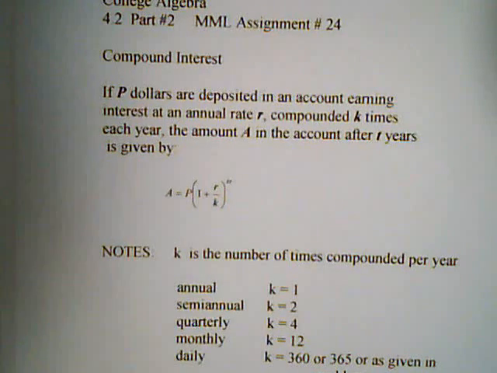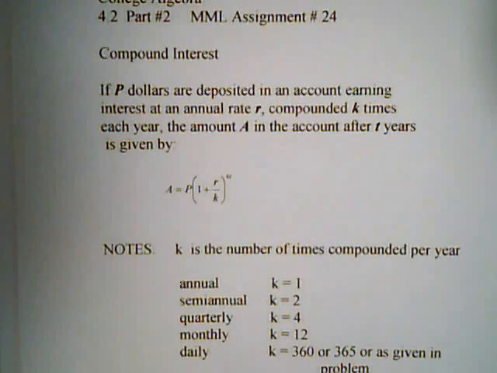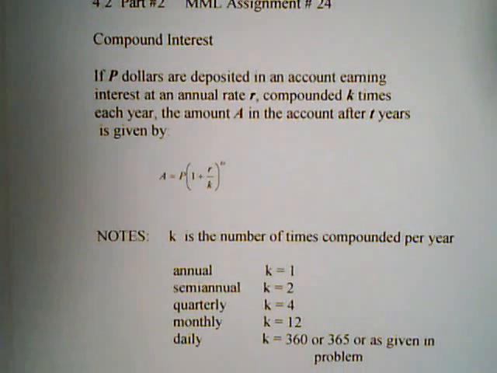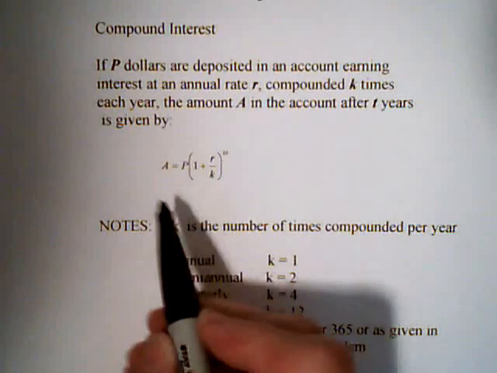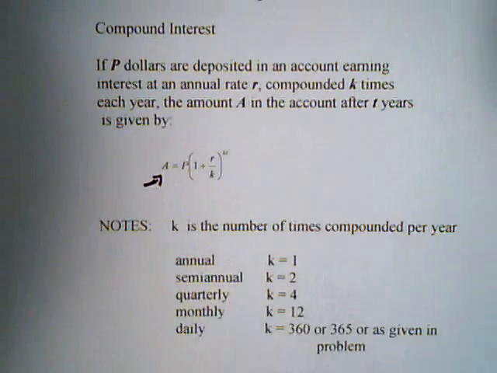Let's take a look at the variables and the formula that we will be using. Compound interest. If P dollars are deposited in an account earning interest at an annual rate R, compounded K times each year, the amount A in the account after T years is given by... Here's the formula. Now A will be the amount of money that you have, interest plus your principal.